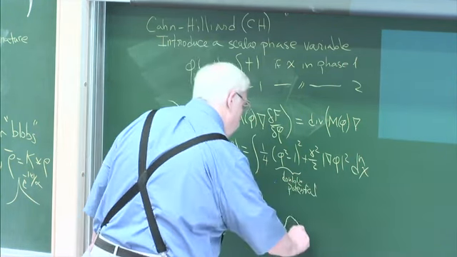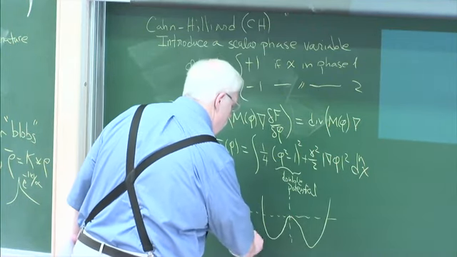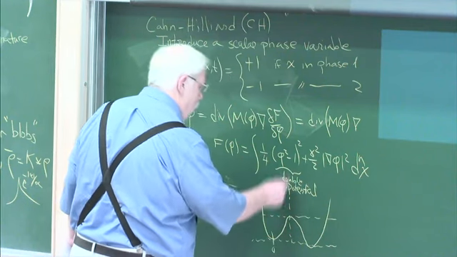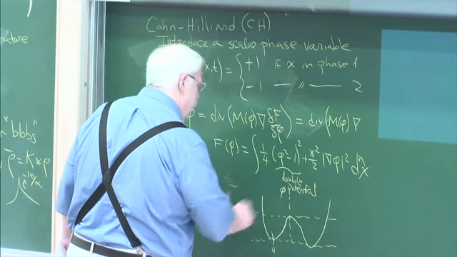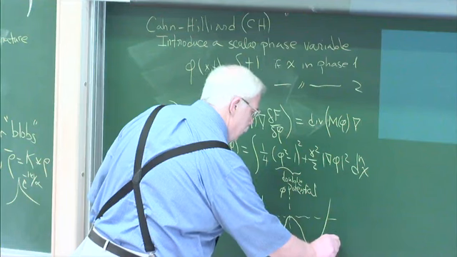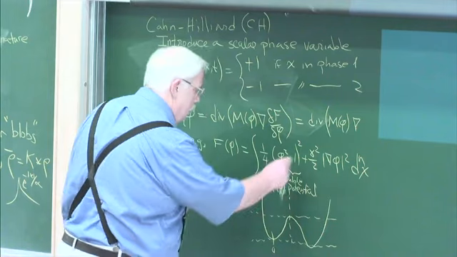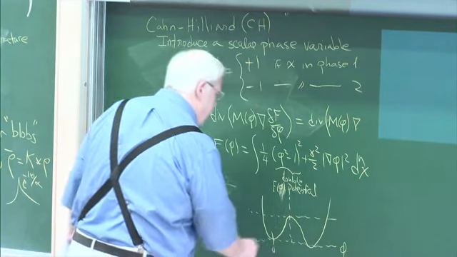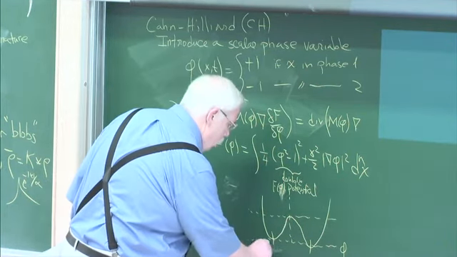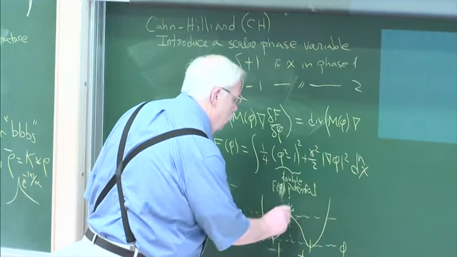It looks like this, where this is phi, and this is F of phi. It has three equilibria: one at -1, one at +1, and an unstable one at 0.